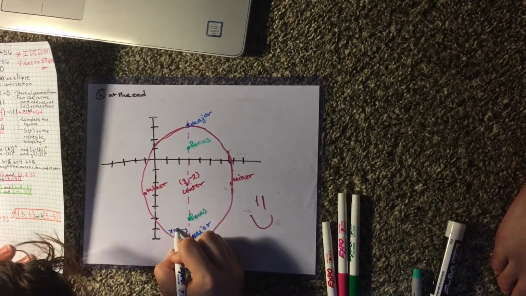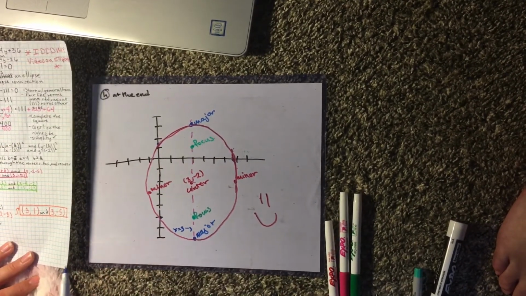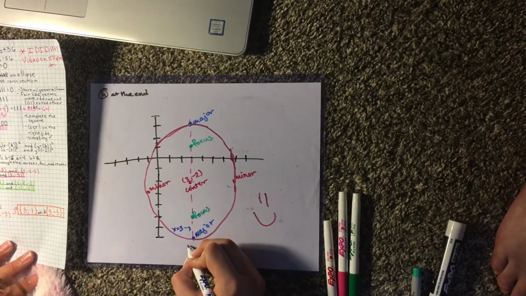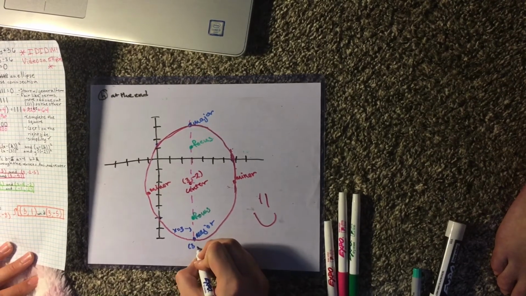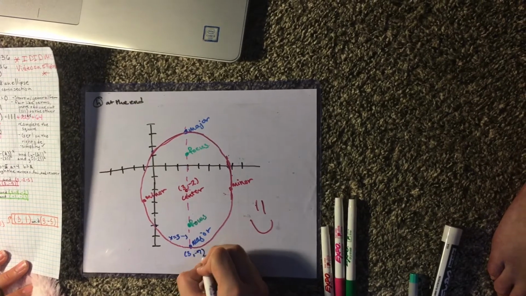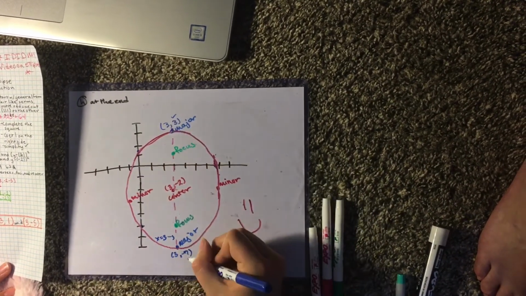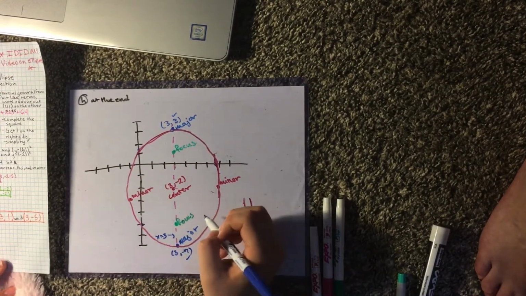It's x equals 3. Okay, perfect. We know the major vertices: this is 3, negative 7, and this is 3, 3. Check, check.